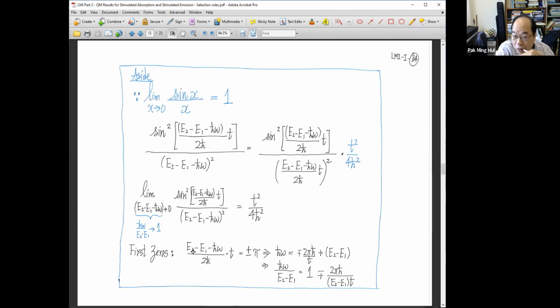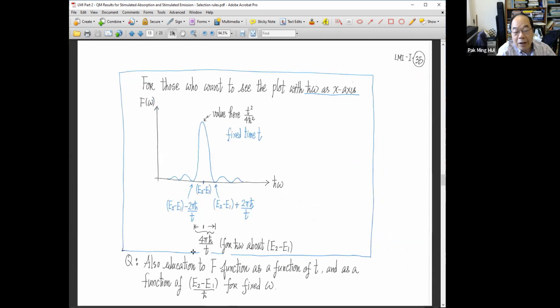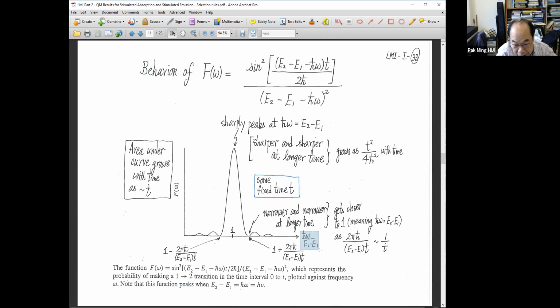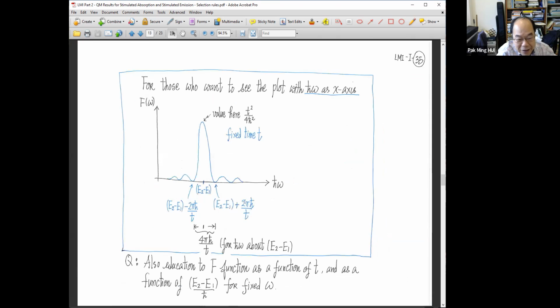Okay, this is for those who need some help in mathematics. This is what I did. And if you don't like the x-axis being this, fine. This is the picture for the x-axis simply as h bar omega. And then you must hit this difference.